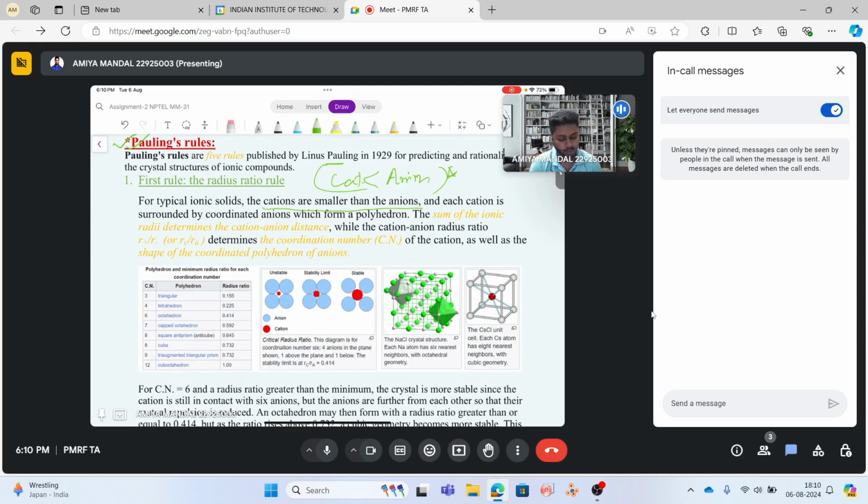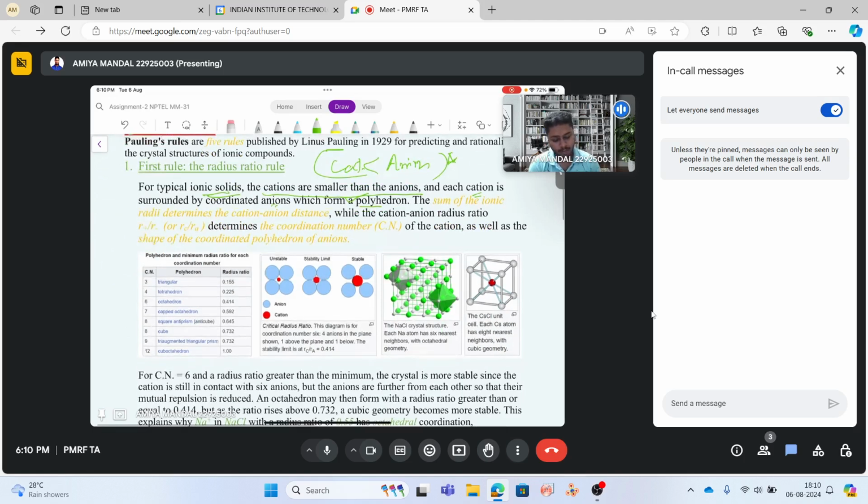This is a very important property of an ionic solid. Each cation is surrounded by coordinated anions, which form a polyhedron. The sum of the ionic radii determines the cation-anion distance.